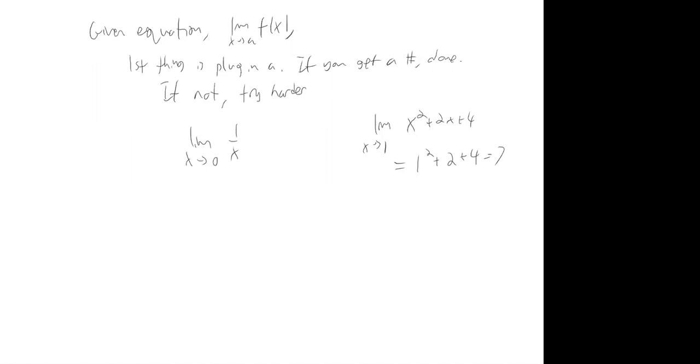So let's think about this. Remember, I don't really care about the value at the point, right? So if I'm getting close to 0, let's say I'm coming from the right, so limit x goes to 0 plus. Think of really small numbers, like 1 over a million.